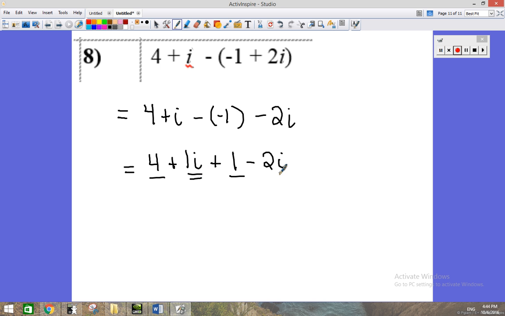I have imaginary parts of 1i minus 2i. So when I have 4 plus 1, I get 5. When I have 1i take away 2i, that's a negative 1i. So if someone asks me to subtract these two complex numbers, I say no problem. I get 5 minus i.